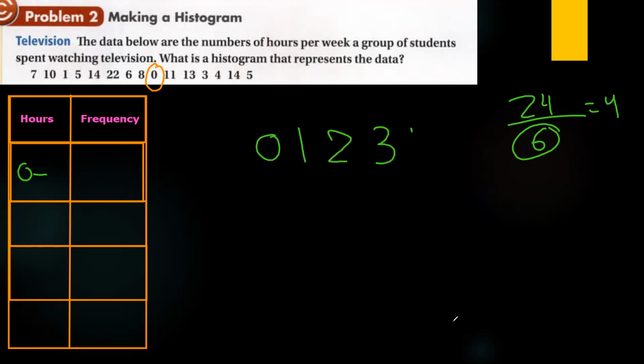I told you that 24 over 6 is 4, and we said that the length of the interval is 6. So on your fingers, count the first 6 numbers, starting from 0: 0, 1, 2, 3, 4, 5. If you count them, you find that they are 6 numbers.